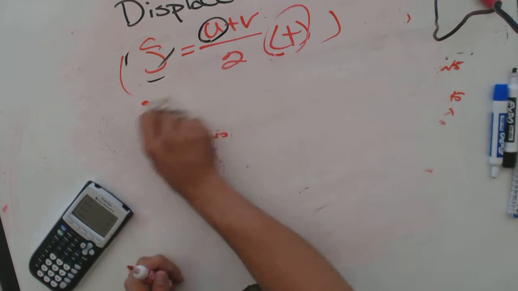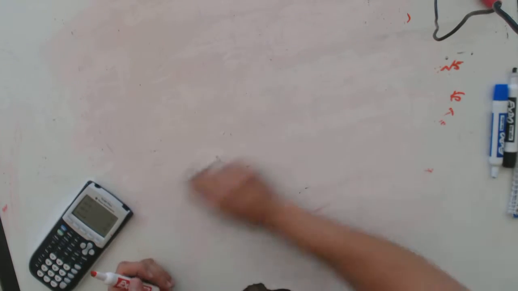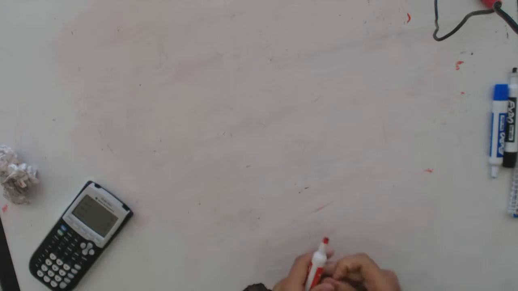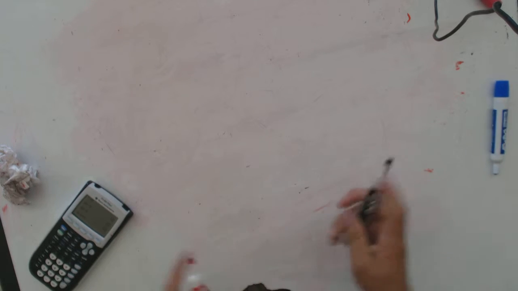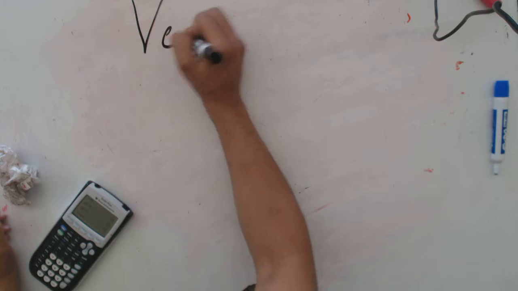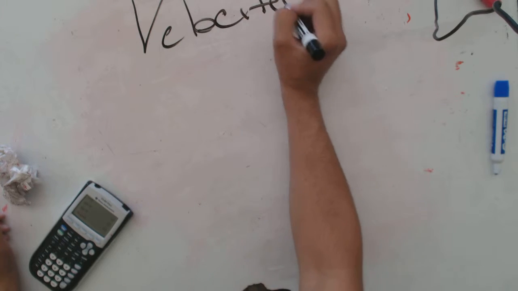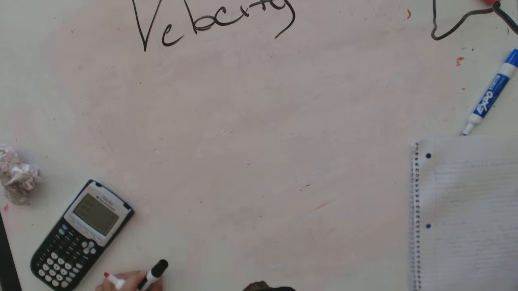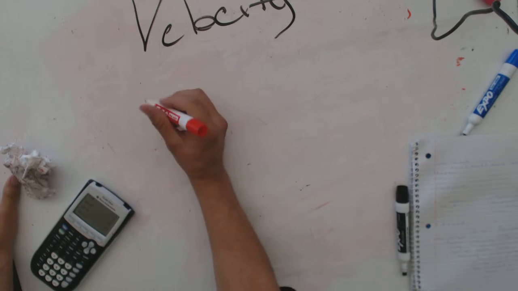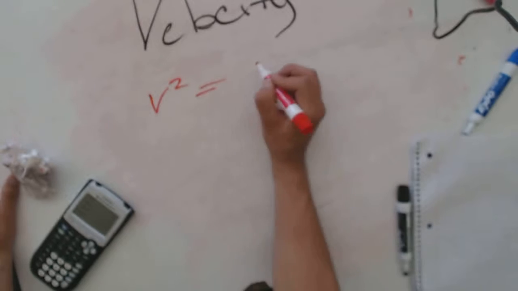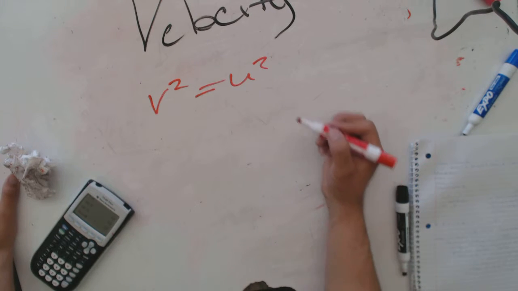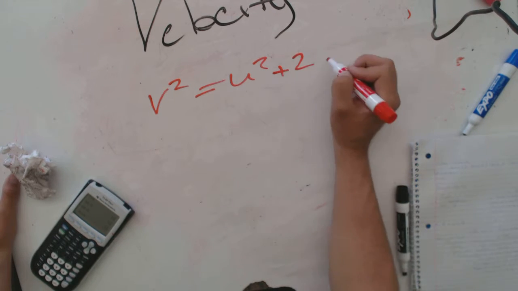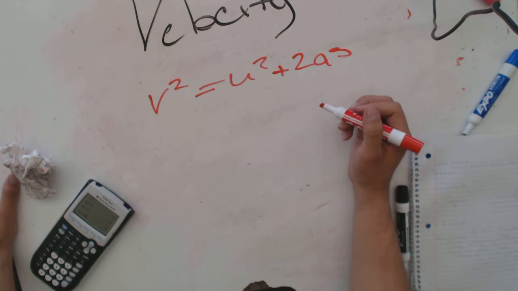So next, let's talk about velocity. Like we were just saying, velocity is a vector quantity. To write that, it's final velocity squared: v squared equals initial velocity squared plus 2as.